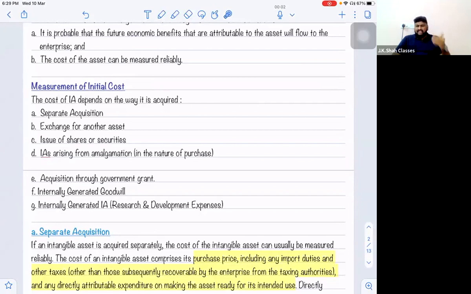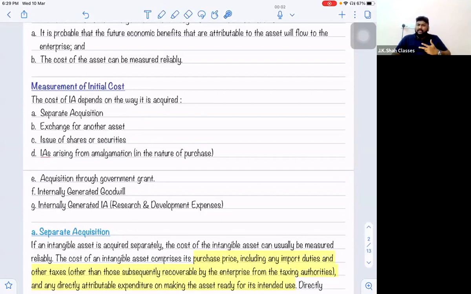Now, for example, if JK Shah Classes says that we have goodwill, correct? So yes, they have it, I don't deny that, but sir, they cannot actually calculate the cost of that goodwill. Means, how will sir calculate? What will he say? I am paying high to my professors as compared to the market rates, that is why I'm having goodwill. Or I am giving better infrastructure. Or I am doing a big advertisement campaign.